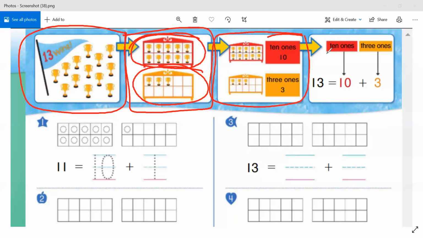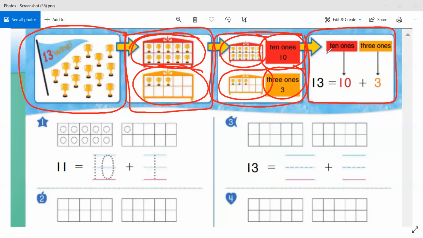Let's look at our third box here. What does this phrase, 10 ones, and the number 10 represent in this red box? It represents the 10 trophies in the red trophy case. Now, what does 3 ones and the number 3 represent in the yellow box? The 3 extra trophies. Let's look at our last box here.